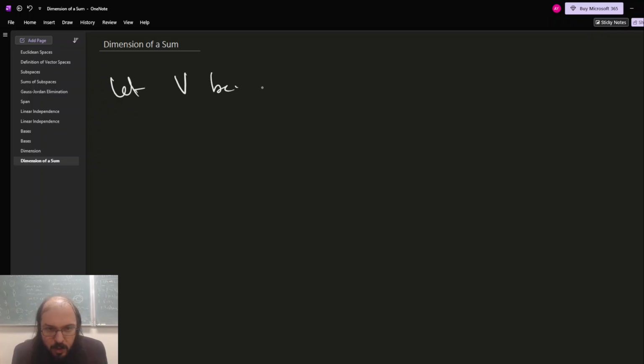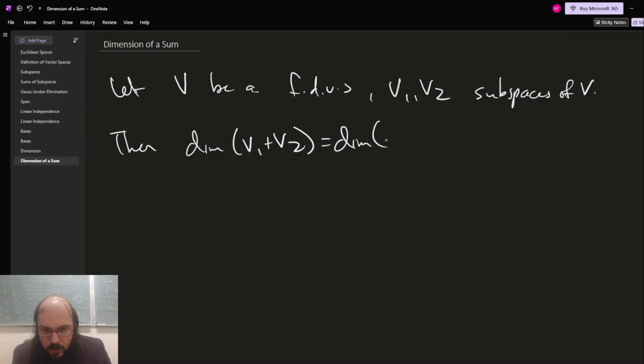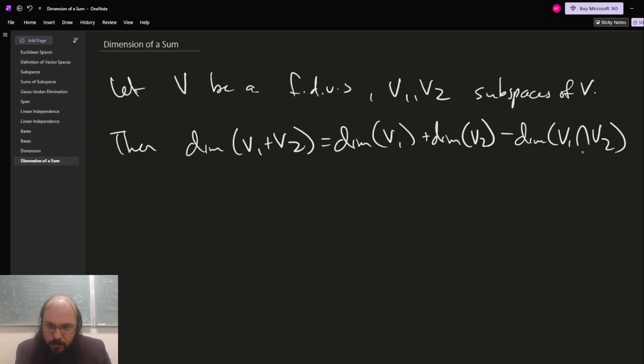Let V be a finite dimensional vector space, and let's say we have two subspaces, V1 and V2, subspaces of V. Then the dimension of V1 plus V2 is equal to the dimension of V1 plus the dimension of V2 minus the dimension of V1 intersect V2.